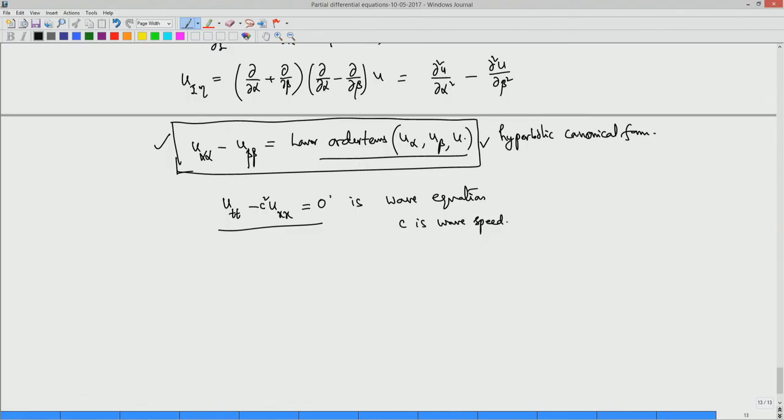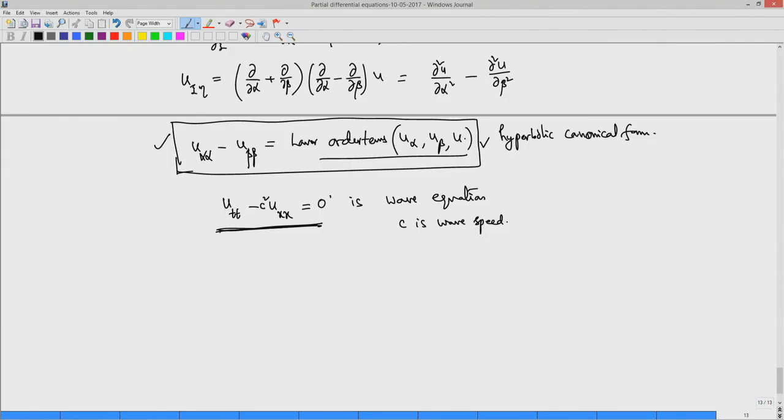It has only two kinds of characteristics, along which this PDE becomes an ODE. Those curves are nothing but these new variables α and β, which act as characteristic curves. The transformation from x, y to ξ and η gives the characteristic curves.